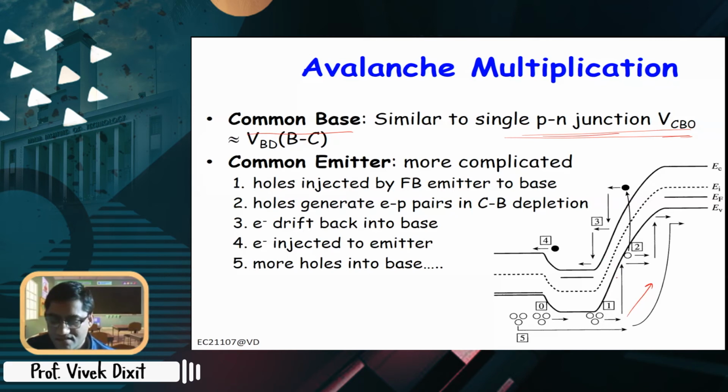So if you see the field here, if you increase the VBC, the base collector voltage, this field will increase, and the higher the field, the greater the chance of multiplication.